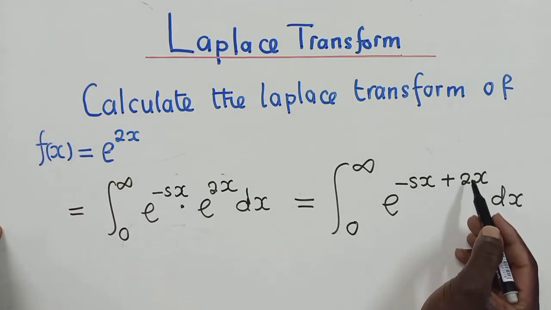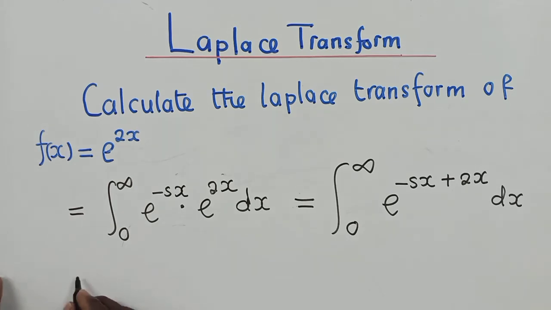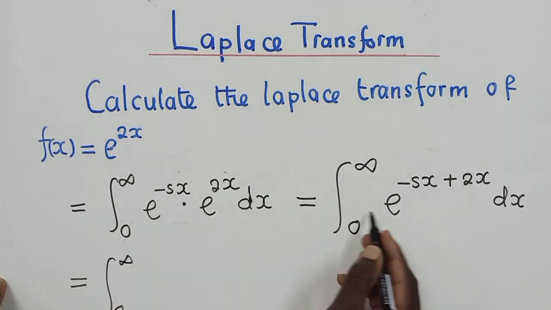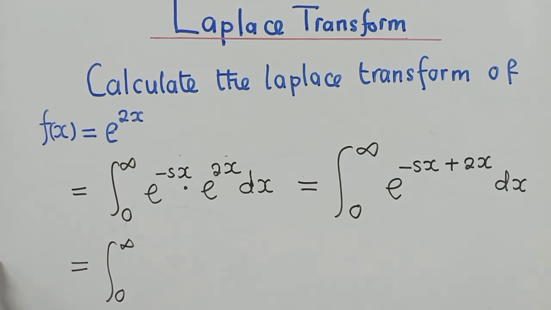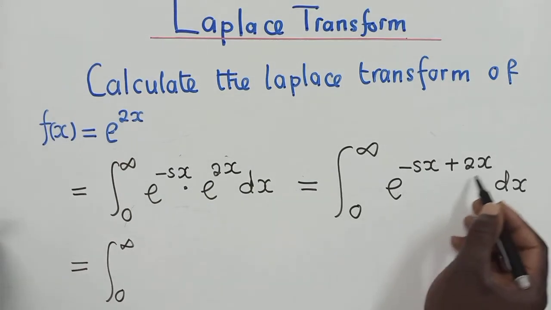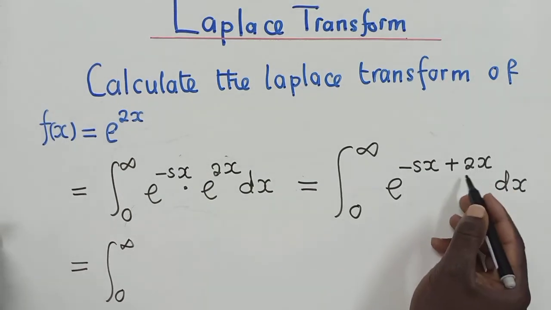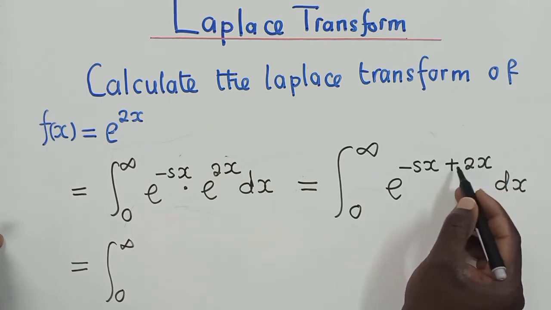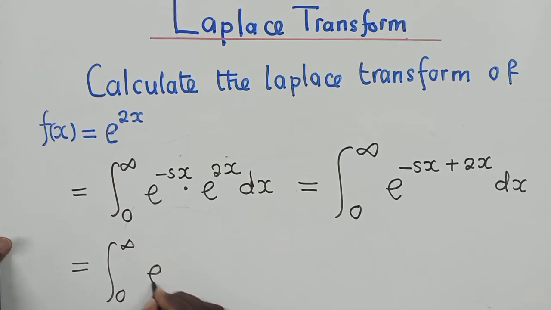You add them. So I've added. I'm now getting the same thing right here. What do I need to do now? Here, I can factor out what is common. x is found here and here, so it can come out. So it will look like this.